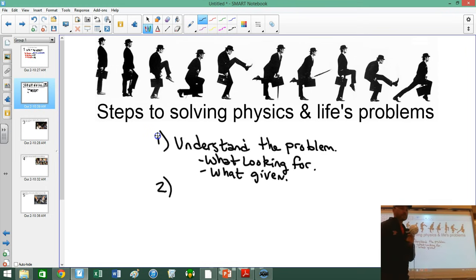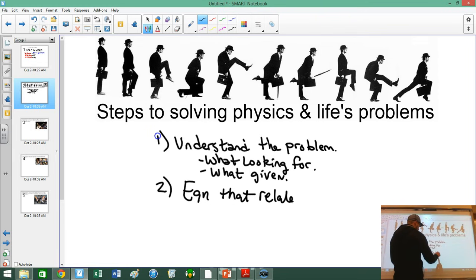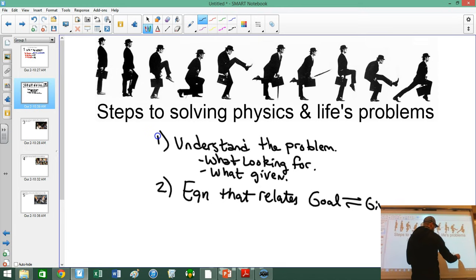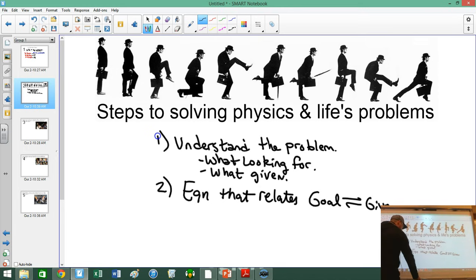The second step to solving any physics problem is to figure out an equation that relates what you're looking for to what you're given. This third step is to solve it.